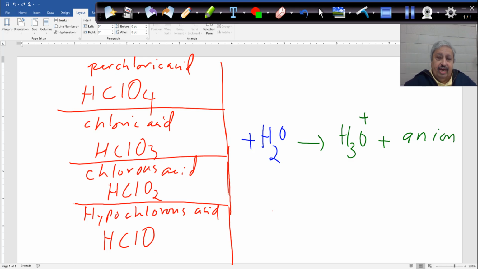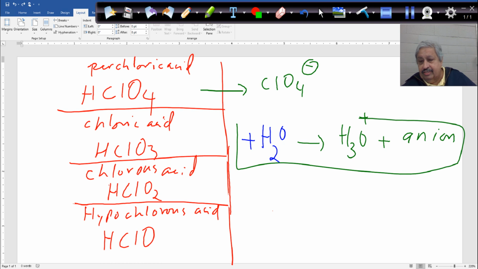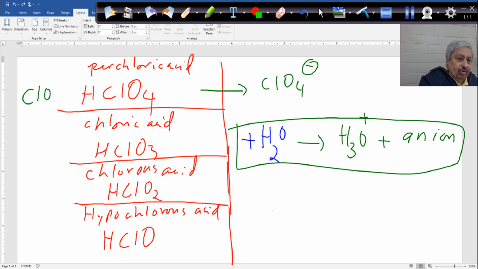So the anion of this will be ClO4 minus. This is the general reaction here. And let's put the anion here: ClO4 minus, correct? That's the anion.